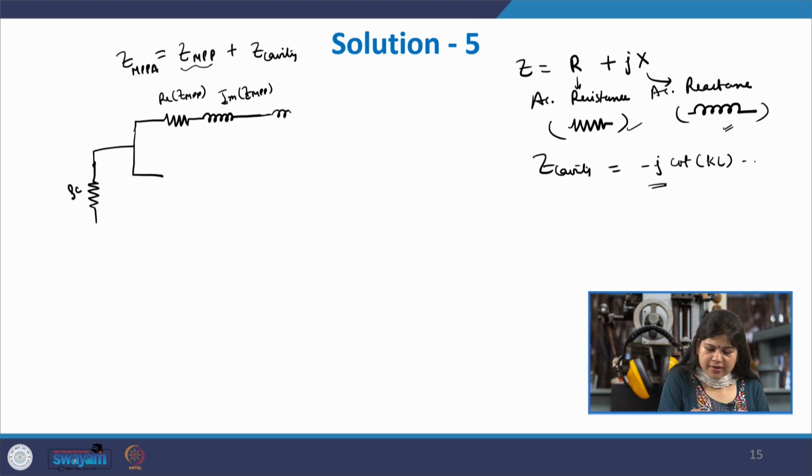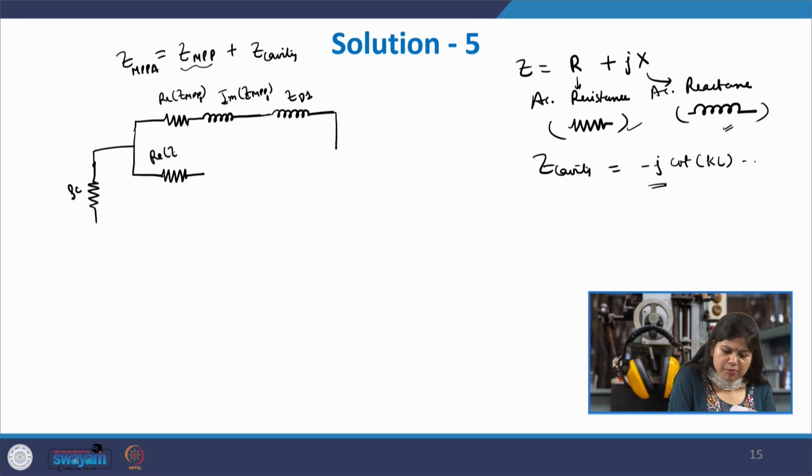So, the cavity acts as a reactance, which is the Z of the cavity 1. We will represent it by capital D1, the first air cavity depth. So, the Z due to capital D1, and in the same way in the second parallel connection also we have an MPP absorber. This is for MPP 1.